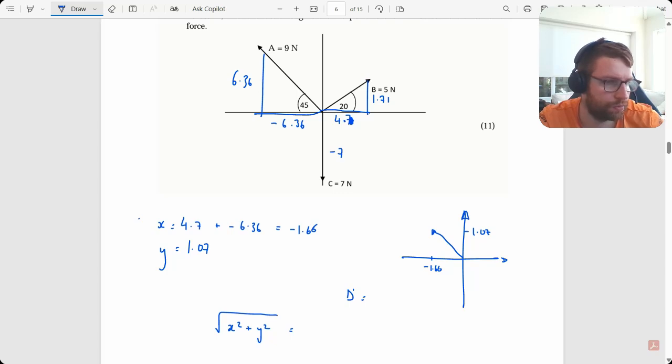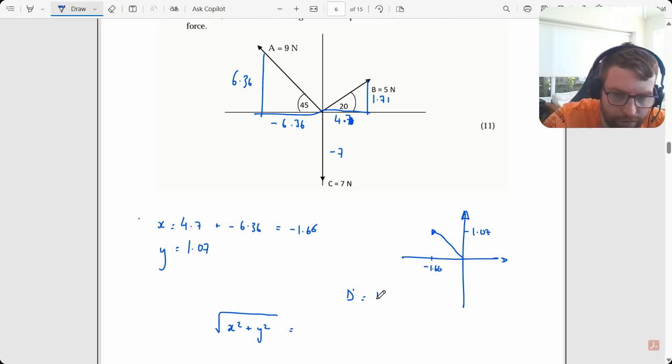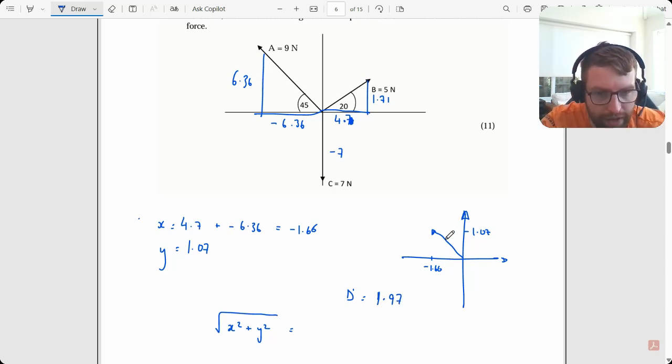So we've got 1.66. So we get 1.97. And then we just need the angle from there.